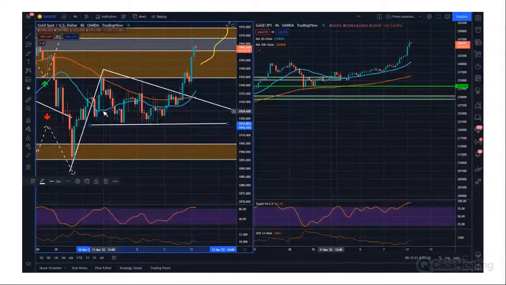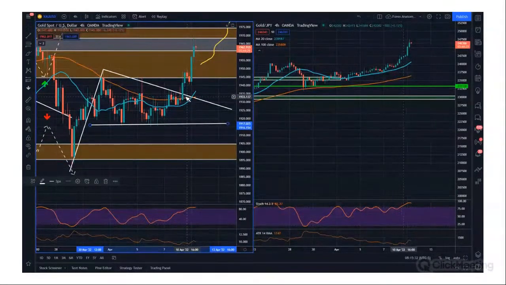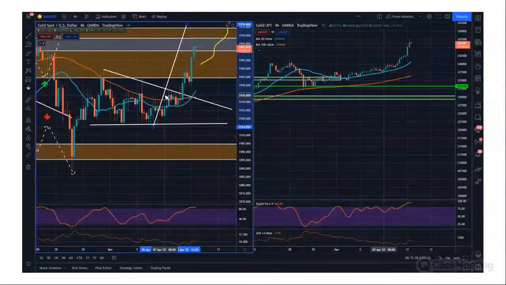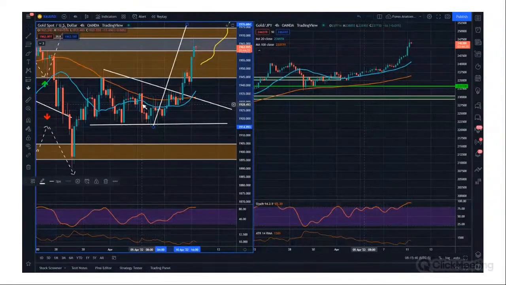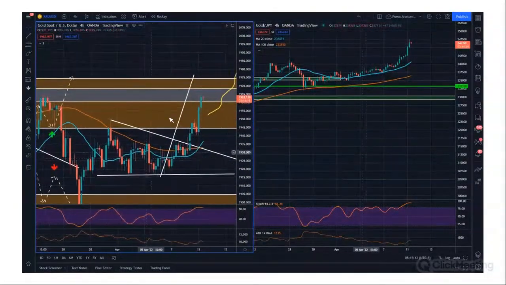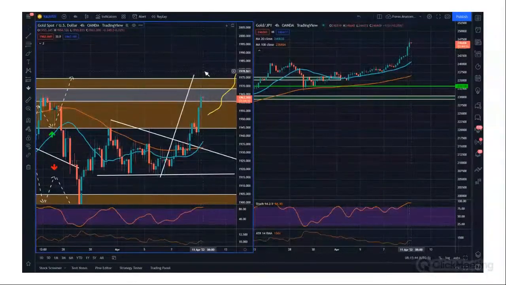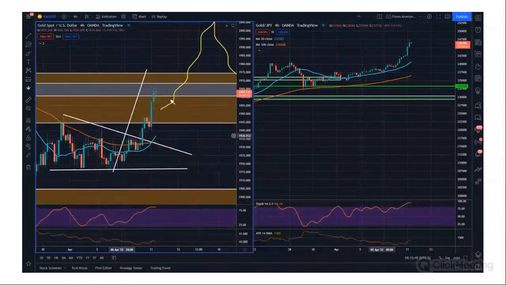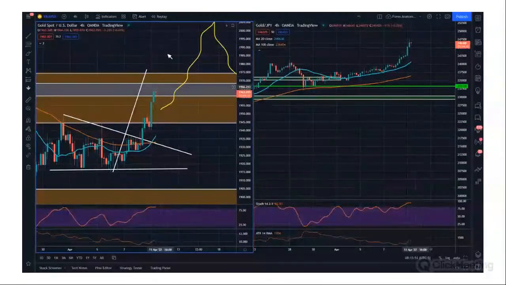Some people call this a pennant, however you want to define it. Whenever you see something like this and a break to the upside, that can lead to a momentum shift to the upside. If we were to drag this pole and take it at the bottom, what we would see is that price will test the highs or give us a breakout of this consolidation, and then hopefully we would like to see price continue pushing and expanding to the upside.